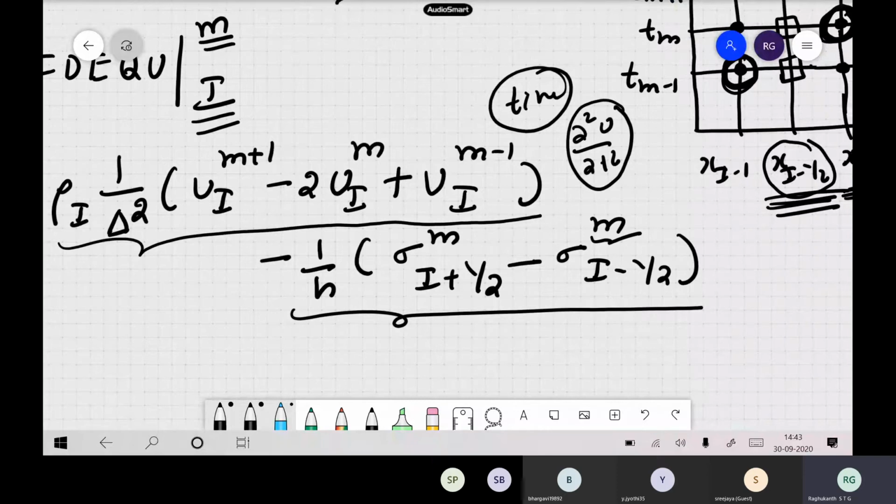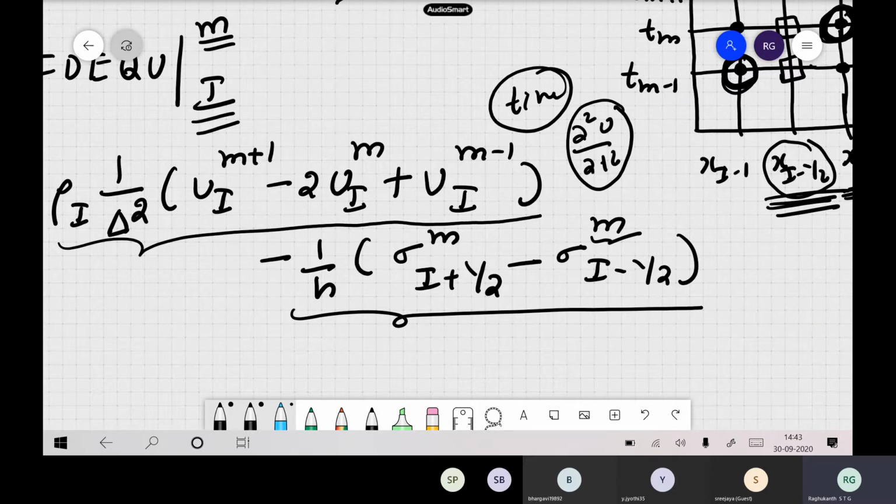So this gives rise to the staggered grid. You have understood? Any question here? No. Our equations, we are not matching displacements with the stresses.